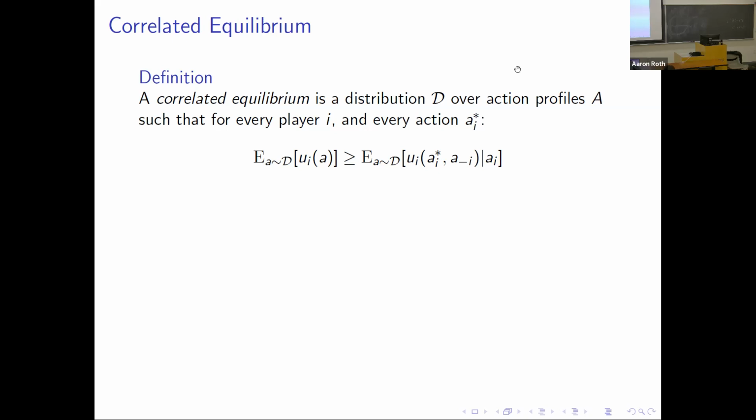On the other hand, I could consider deviating from it in some way. What are the kinds of deviations I could consider? Well, I see the output of the correlating device. So in principle, I could consider deviations that are a function of that.